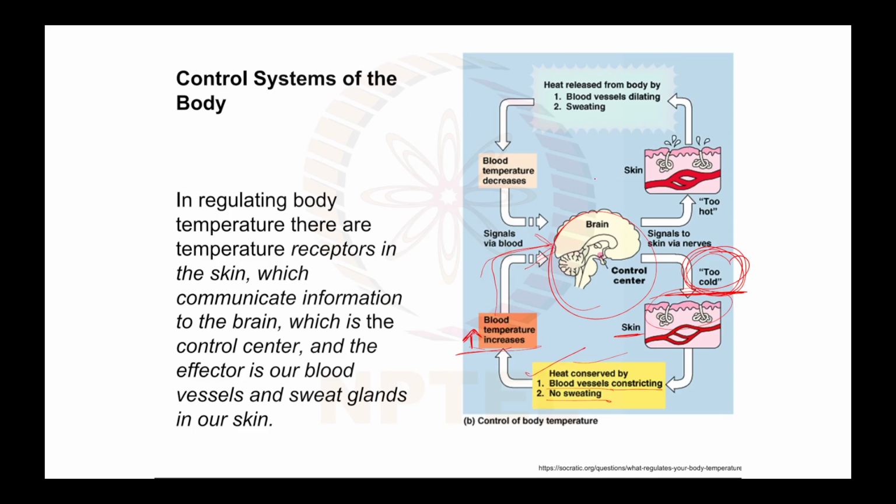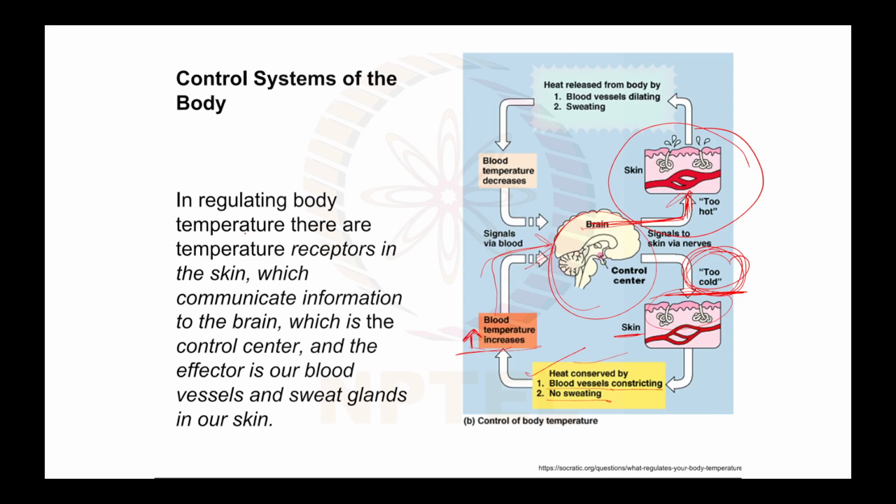Similarly, when there is a feeling of being hot, the brain senses that and reports it to the skin, and the blood vessels dilate and induce sweating. With the sweating the blood temperature decreases, cools down, and comes to the normal temperature. So that 37-degree body temperature is maintained by the homeostatic mechanism.